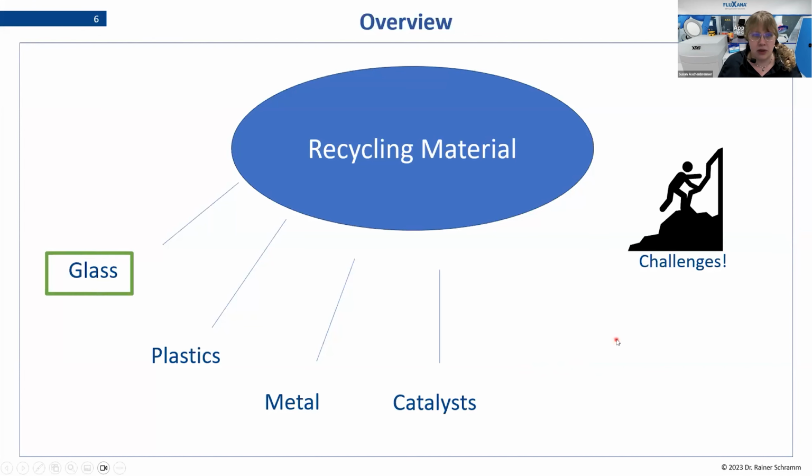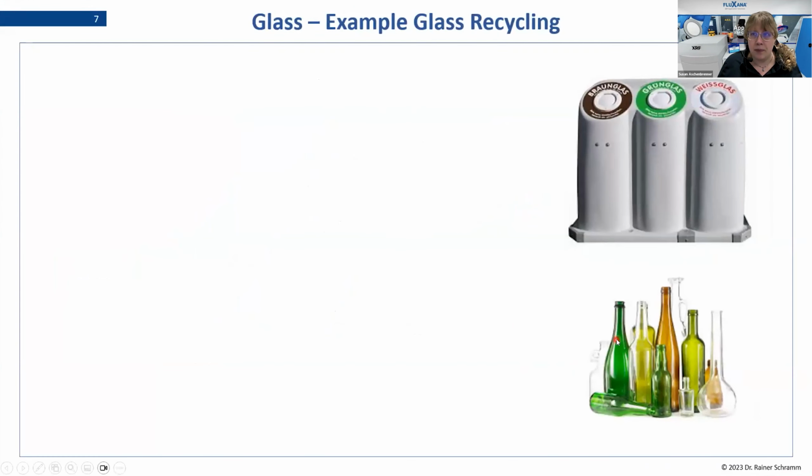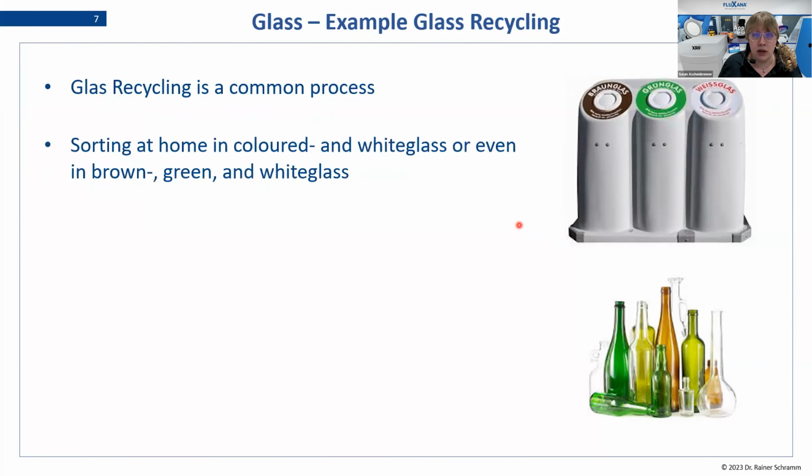So let's start with glass. At least in Germany, glass recycling is a very common process. Everyone is sorting their glass waste at home. We sort into colored and white glass, or sometimes, depending on the region where we are living, even into brown, green, and white glass.